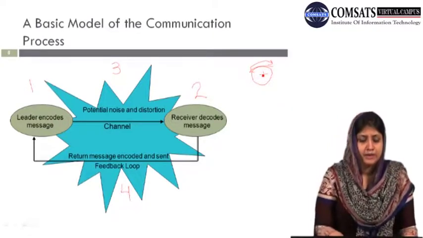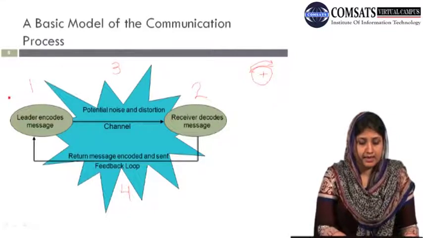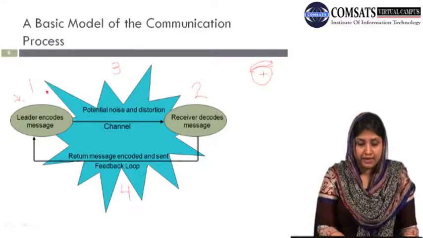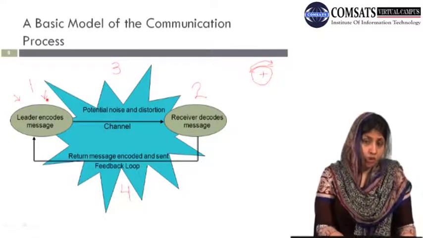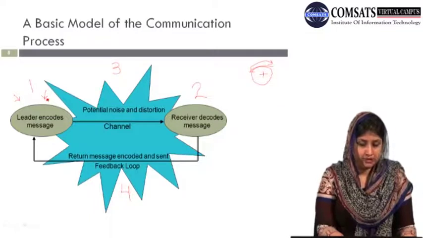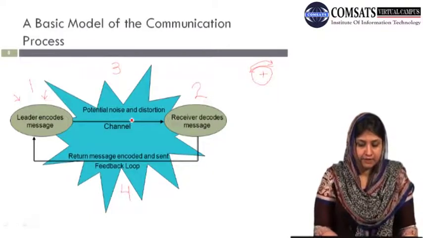Now, look at these two things. The sender, who is a leader this time, and his decision of encoding the message. Now, there is this fifth thing that we understand, which is basically the message.